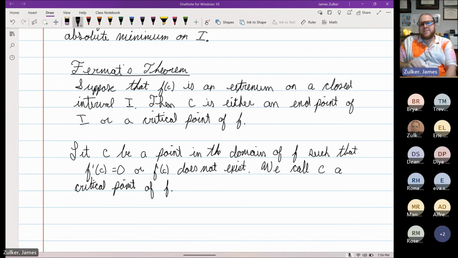Right, so a critical point c is any point in the domain of the function such that the derivative at that point is 0 or the derivative at that point does not exist.